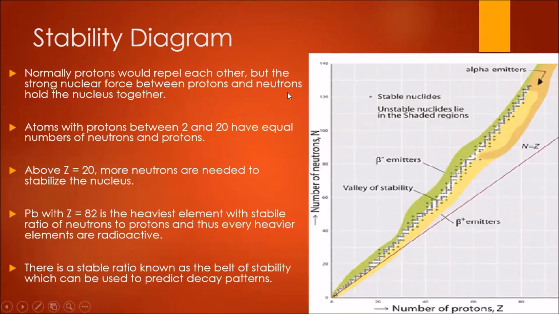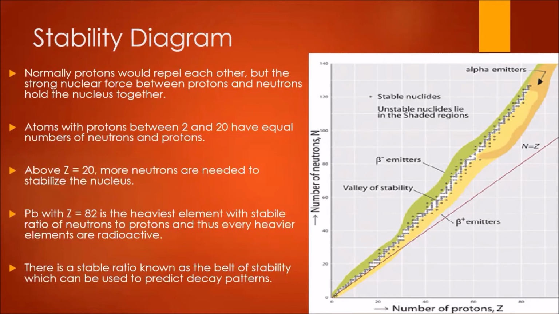Now, within these radioactive chains, there's a certain stability diagram. Normally, as I said, protons will repel each other, but there's a strong nuclear force between our protons and neutrons that is going to hold the nucleus together.